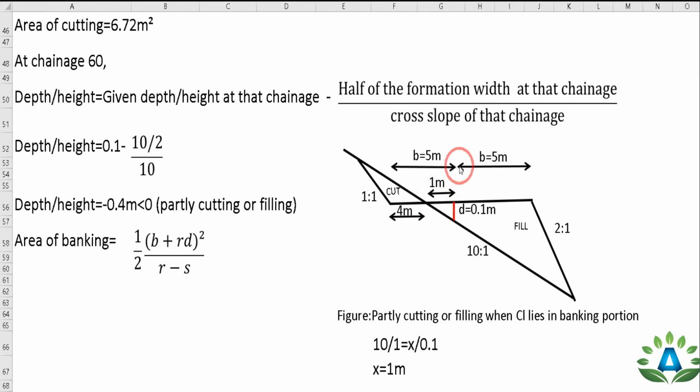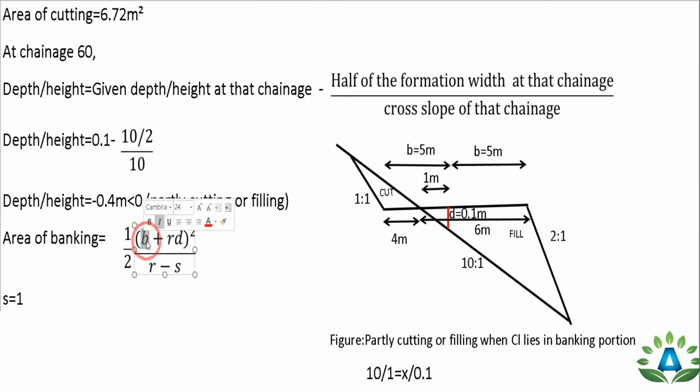And here also we can see that this length from this side to this side we have 5 meter length, and when we calculate the length from this point up to this point, it will be obviously 5 meter plus 1 meter, that is 6 meter. Now we need to put the value of b, and here we have the value of b equals to 5 meter, that is from this point up to center line and from this side up to the center line, that is 5 meter.